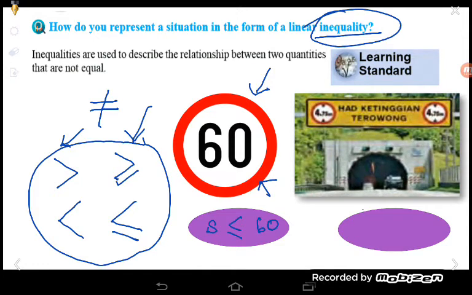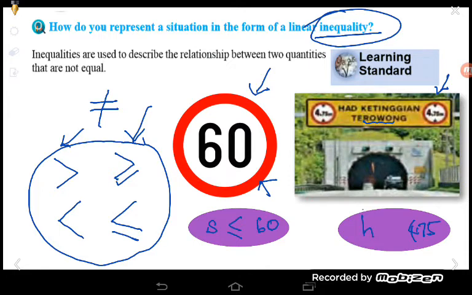And then sometimes you'll see this height limit, this tunnel, it is 4.75 meters. So let's say height. How do you write it?